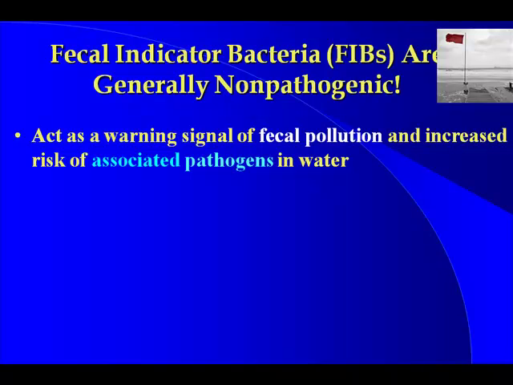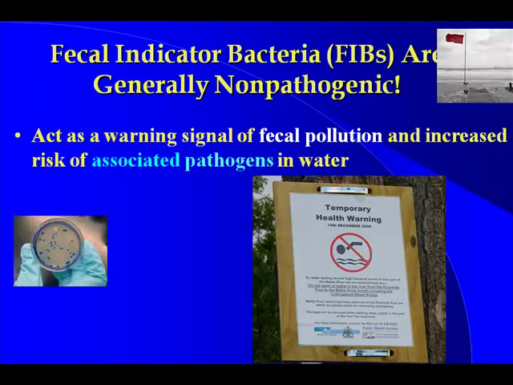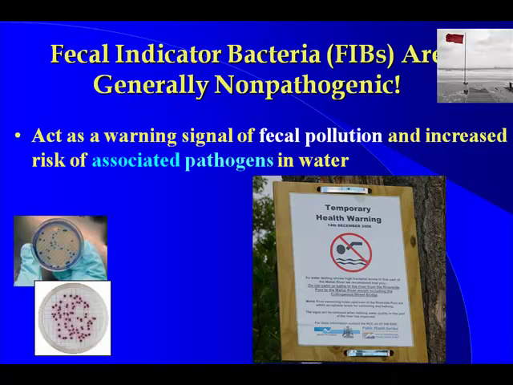So we've been working on ecological processes that affect survivorship of indicators versus survivorship of some of the pathogens. This particular work is about identifying which organisms these bacteria are coming from. Indicator organisms have been used to indicate that there's pollution.